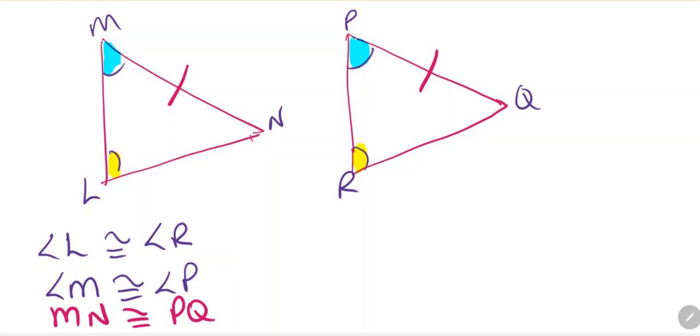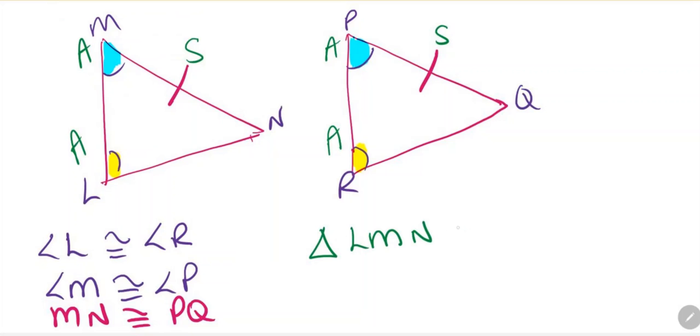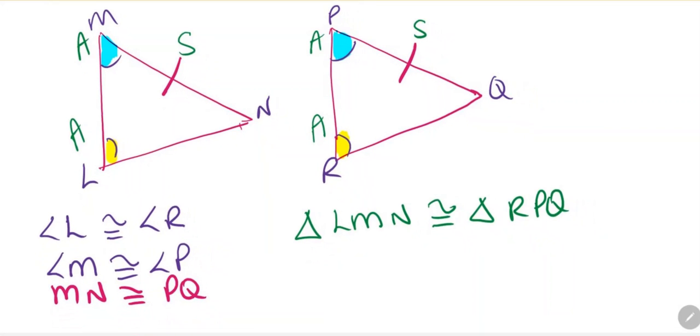So I have angle, angle, side. So I can say that my triangle LMN is congruent with my triangle RPQ, and my reason is angle, angle, side are congruent.